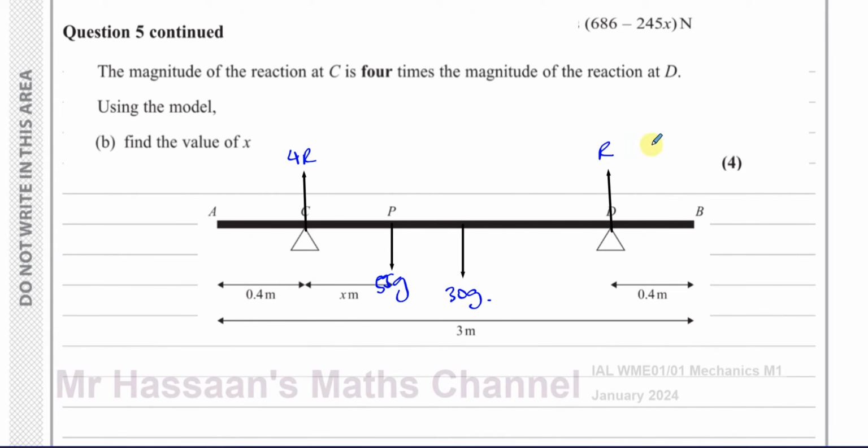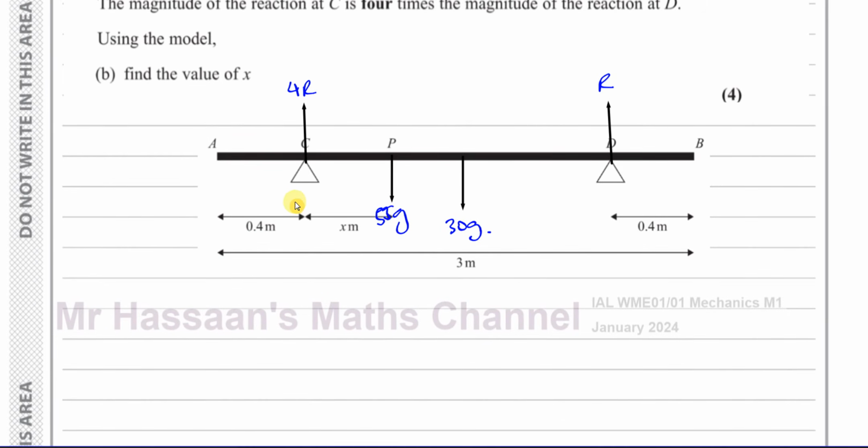There's one unknown here, because this R is now in terms of that R. So if we resolve the forces vertically, we can say that 4R plus R, which is 5R, is equal to 55 plus 30, that's 85G. So R is equal to 85 over 5, which is 17G newtons.